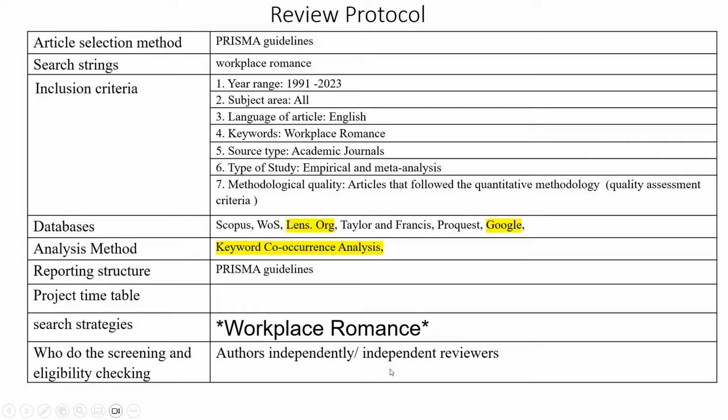If there was any disagreement about the inclusion or exclusion of an article, it was resolved through consensus. That's the common statement, and you can find it in the article that I have recommended, and you can simply paraphrase that statement in your articles and cite it.